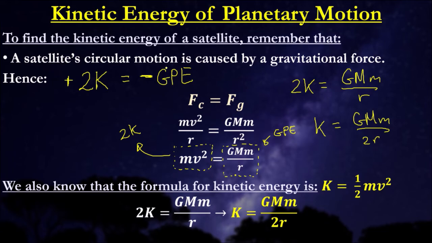Kinetic energy is positive, gravitational potential energy is negative. So that's how you can demonstrate using the formulas here. Be very careful with your derivations and also be very comfortable with how to derive this using these kinds of principles we're talking about. Think of everything as a holistic view when we do this.